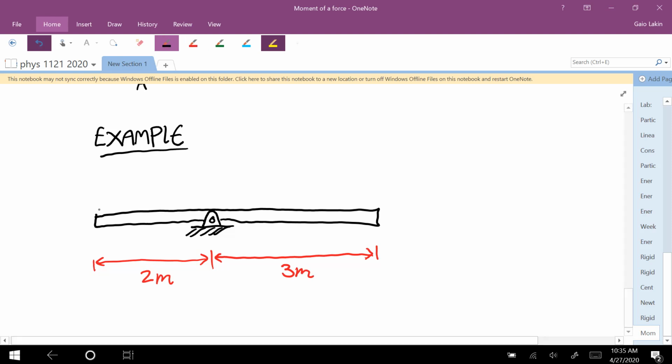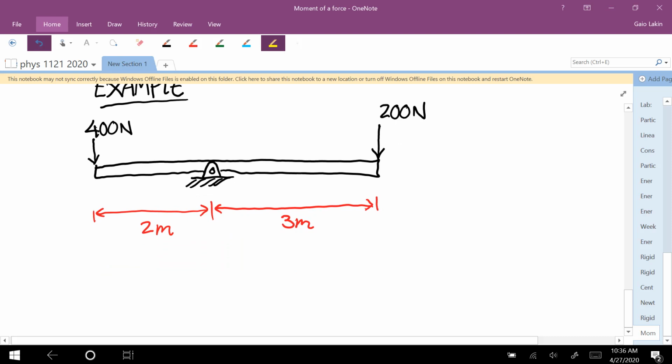And let's say that we have a force at this end of, let's say, 400 newtons, and a force over here of 200 newtons. What's the net moment acting on this body?